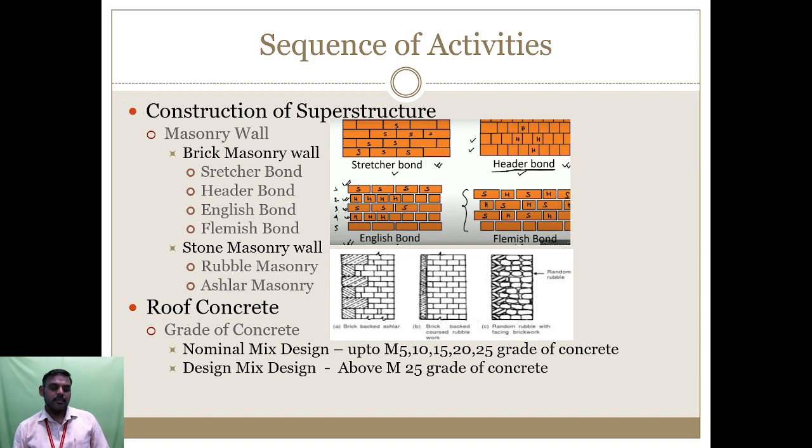There are standard mix proportions for nominal mix. If it is a design mix, there are no standard mix ratios. It will be based on the trial mix and design mix. Based on the design mix only, we have to decide for above M25 grade of concrete.